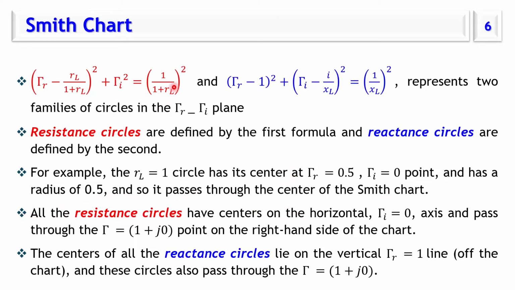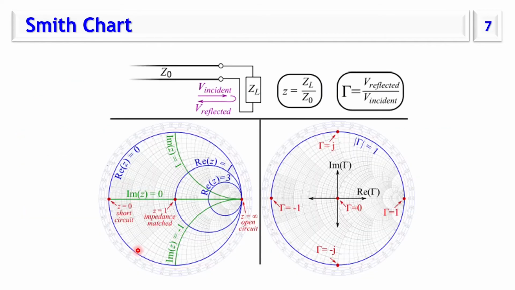And if we look into this expression, we'll find that all the resistance circles have their centers on the horizontal axis, because the imaginary part of gamma equals 0. All the circles pass through the gamma equal 1 point, which we're going to show shortly on the Smith chart.